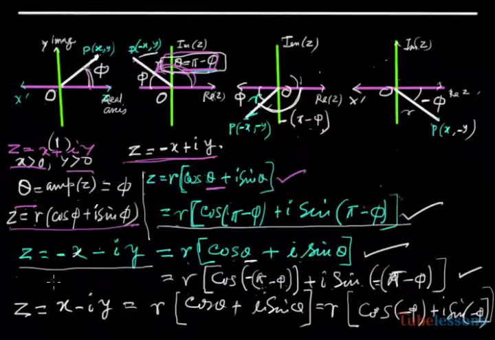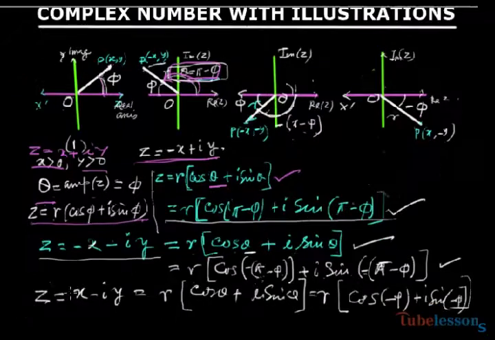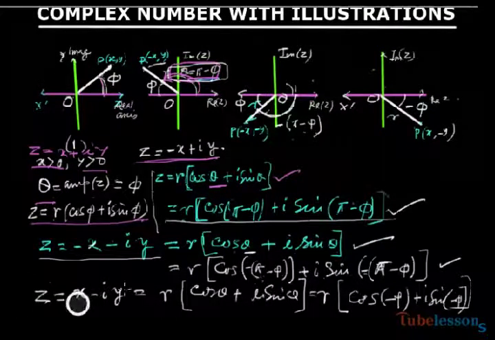And then lastly, the fourth quadrant: it is in the form where x is positive but y is negative, so x minus iy. The polar form r (cos theta plus i sin theta) becomes cos of minus phi plus i sin of minus phi.